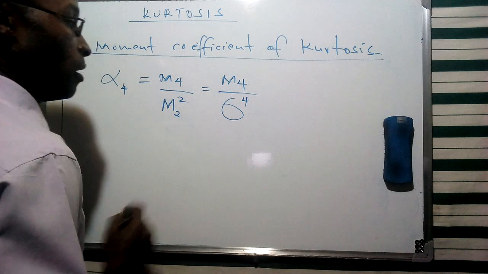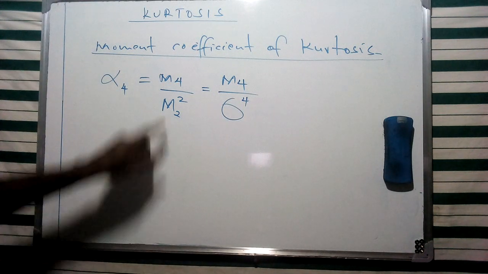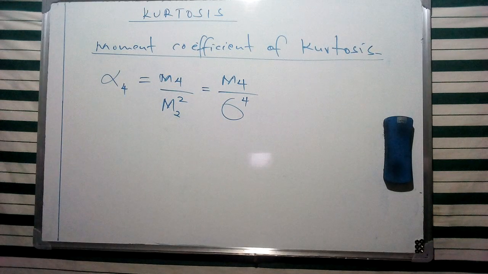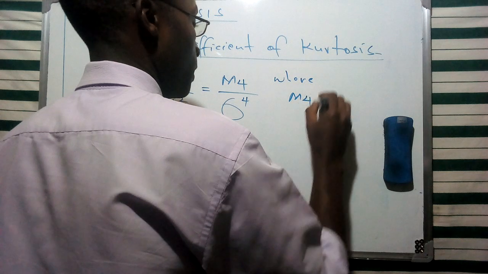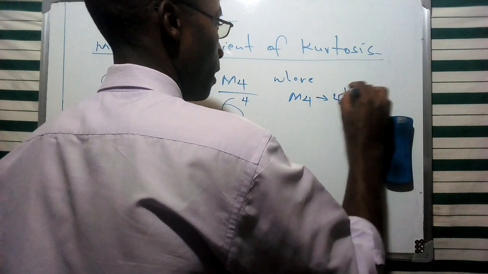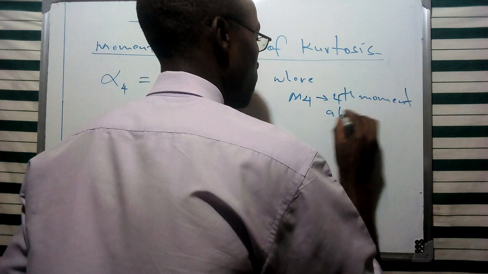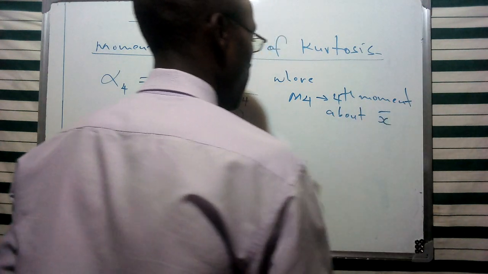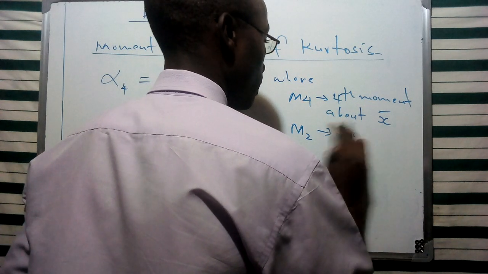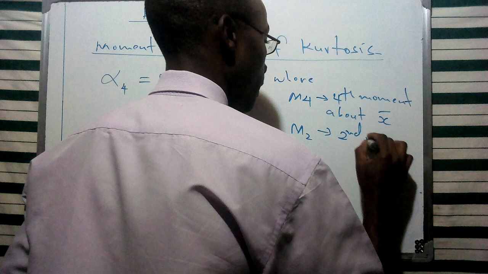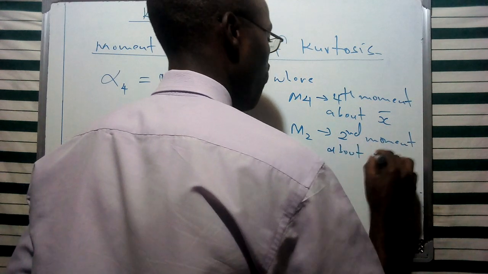And of course, I've elaborated in this case that M4 is representing the fourth moment about the mean, and M2 represents the second moment about the mean.